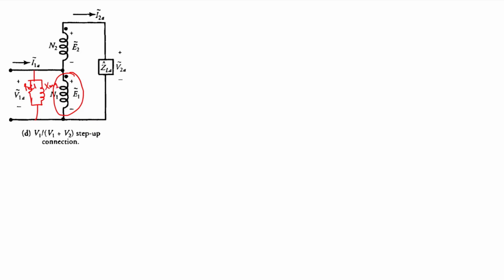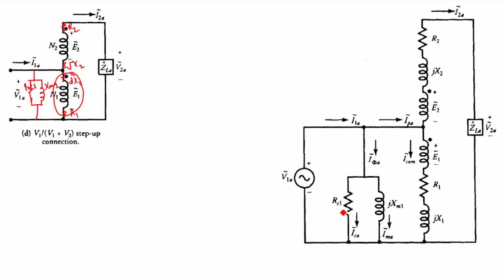These two quantities are already on the primary side, no need to refer. All other parameters like R2 and jX2 I can mention here along with the winding R1 and jX1. That will give me this kind of circuit. This is your exact equivalent circuit, right?